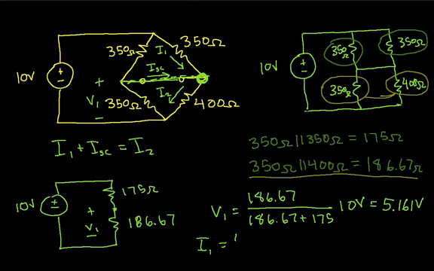Knowing this, I can now find I1. It's going to be 10 volts minus 5.161 volts over 350 ohms.